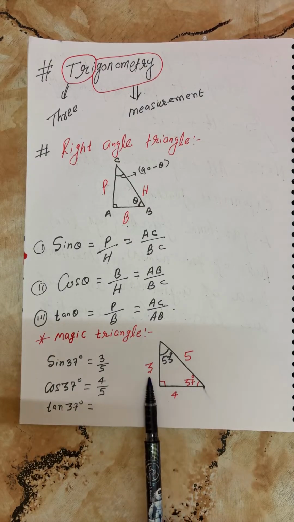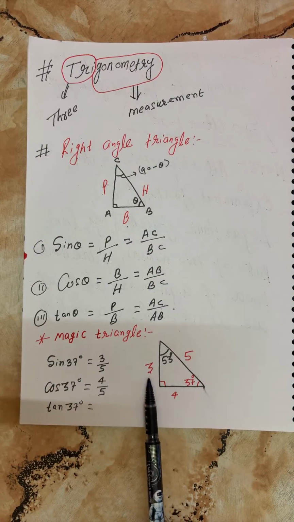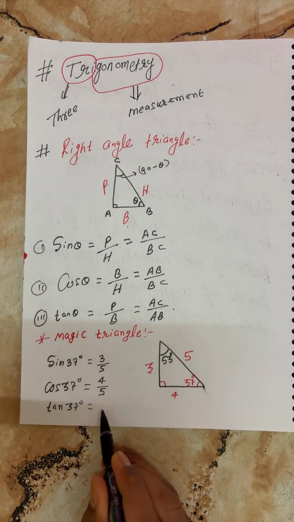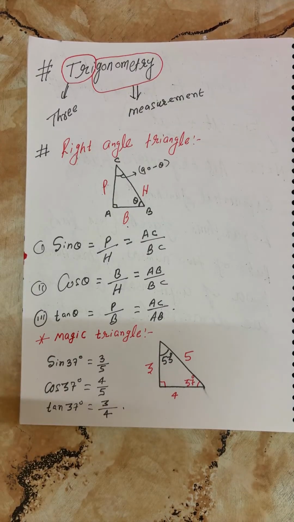So what is perpendicular? 3, because this is the angle we are considering, my kids. So this is perpendicular, this is base. So you can write, kids, tan 37 equals 3 by 4, which is correct. God bless you, bacha. Yes, be active here. Just write down things, beta, then you will understand easily, kids.